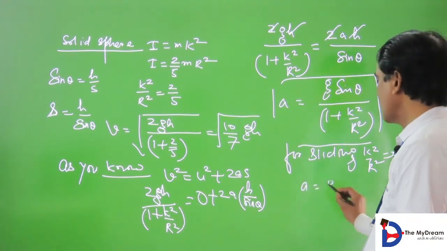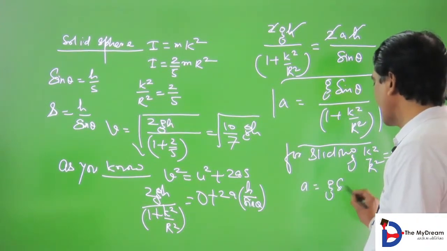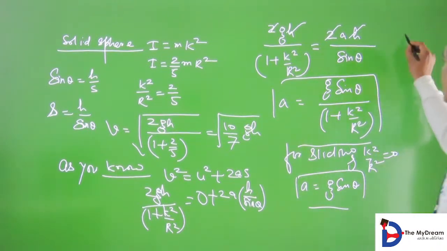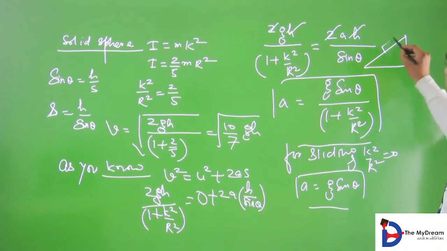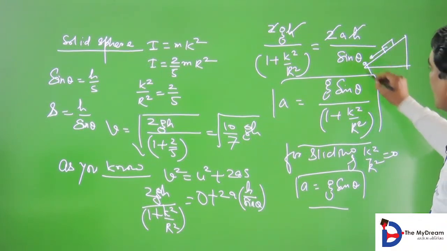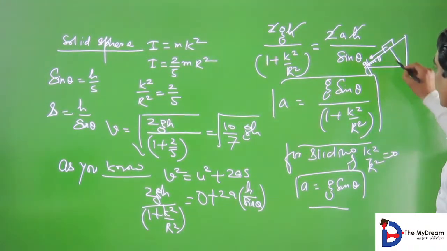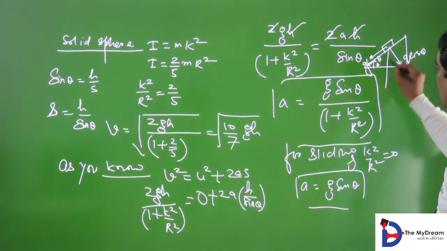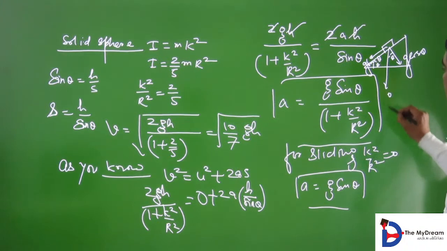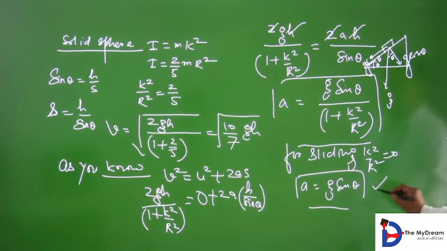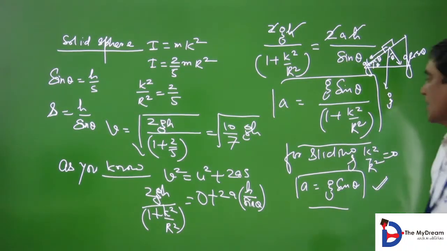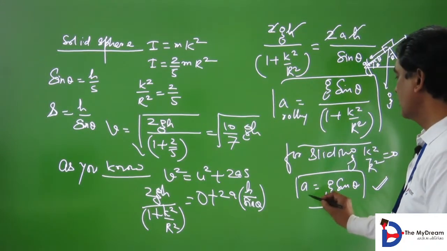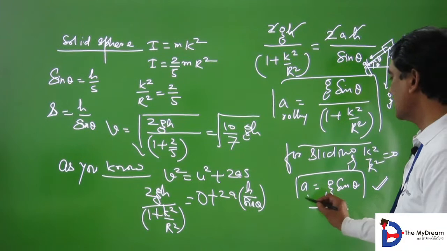So you know the g sin theta component gets created, you must have drawn it here. This is g sin theta, this is g cos theta. This is theta, this is theta. So that is for sliding. This is for rolling. Yes, this is for sliding.